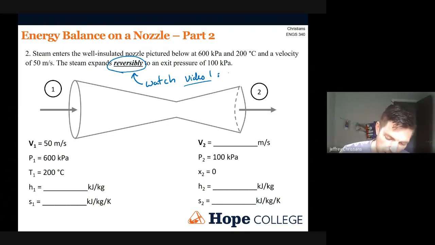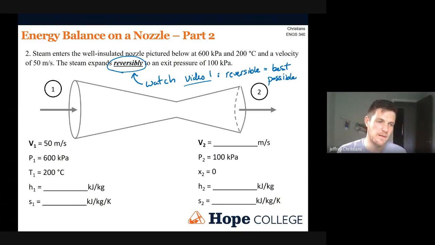Kind of the easiest way to read it is maybe: reversible equals best possible. Really, the definition is a little bit tricky, but it does mean a process that you could go forward and backward, and there would be no change to the universe.